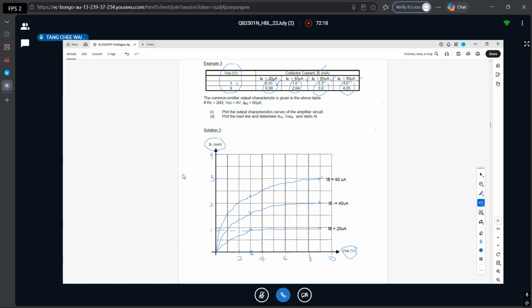Collector current 0.91, VCE 3 volts. So my VCE is 3 volts here. Yeah, I project up. I get 1 point first. Then the IC, the collector current 0.91, I get from here, I draw across. I have 1 point here already. 1 point drawn.